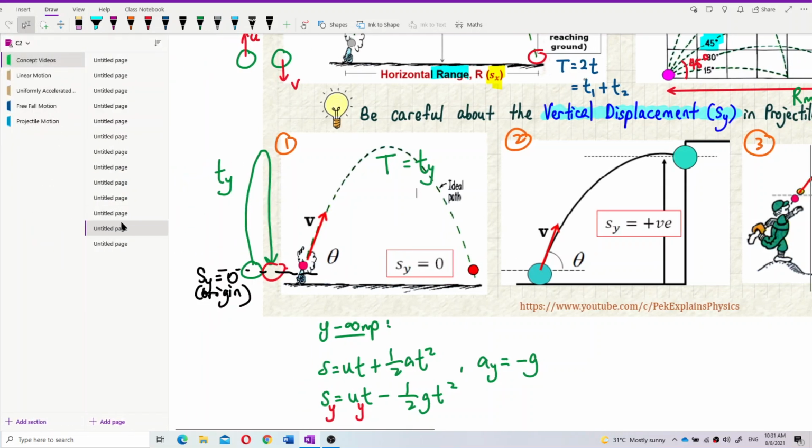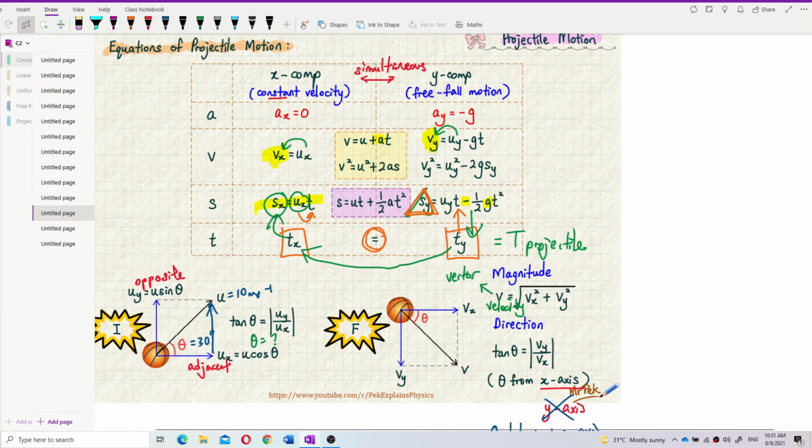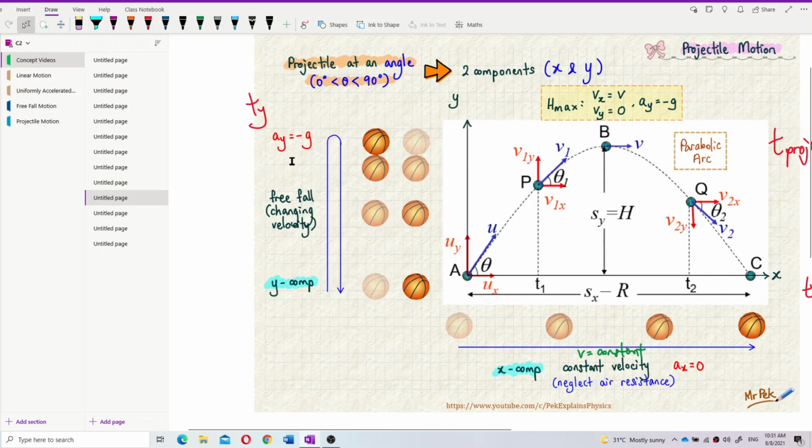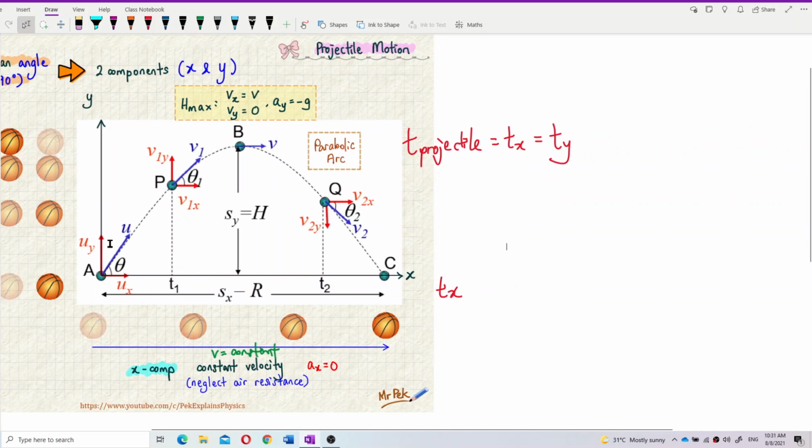I did tell you before about this, several times already. The time for the x component is equal to the time of the y component, which is also equal to the time of the projectile motion.